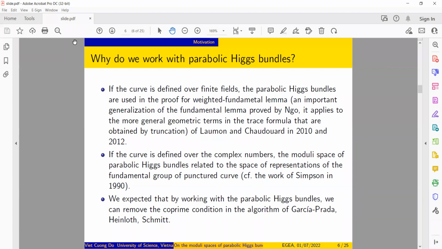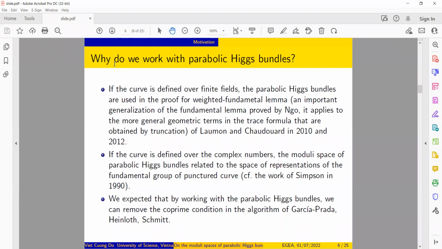That's the reason why the fundamental lemma proved by Ngô needs some refinement to make the trace formula work and bypass the convergence problem. So Chaudouard and Laumon gave a proof for the weighted fundamental lemma.